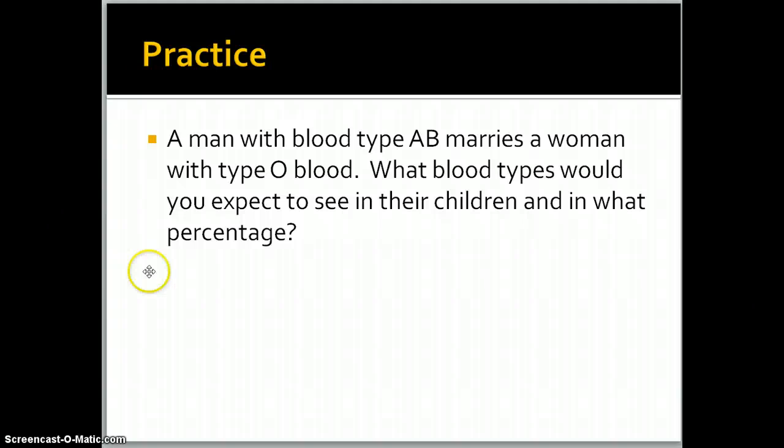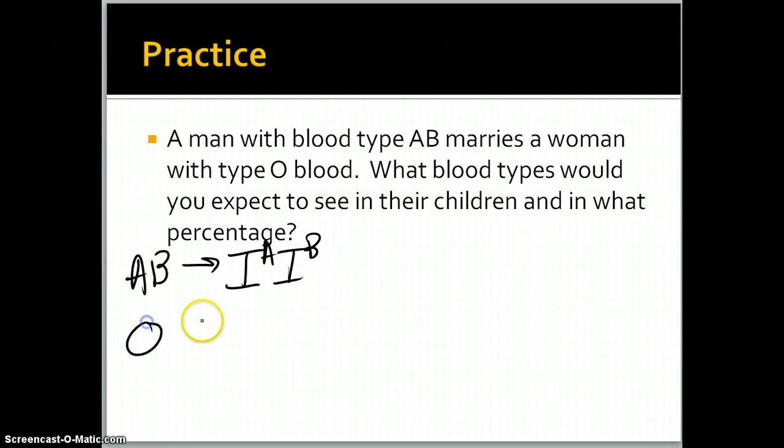Okay, so an individual with type AB blood would have this genotype, I^A I^B, using the superscripts to denote the different alleles. An individual with type O would have 2 recessive alleles.